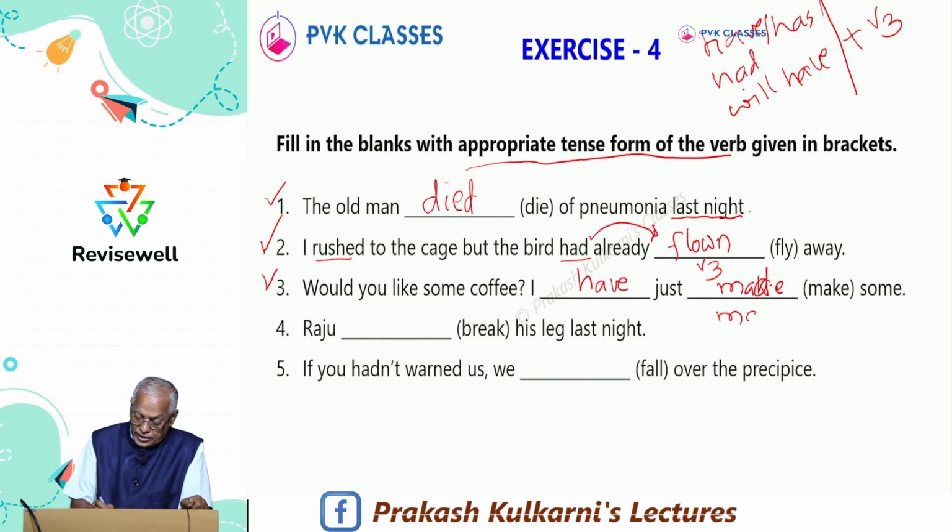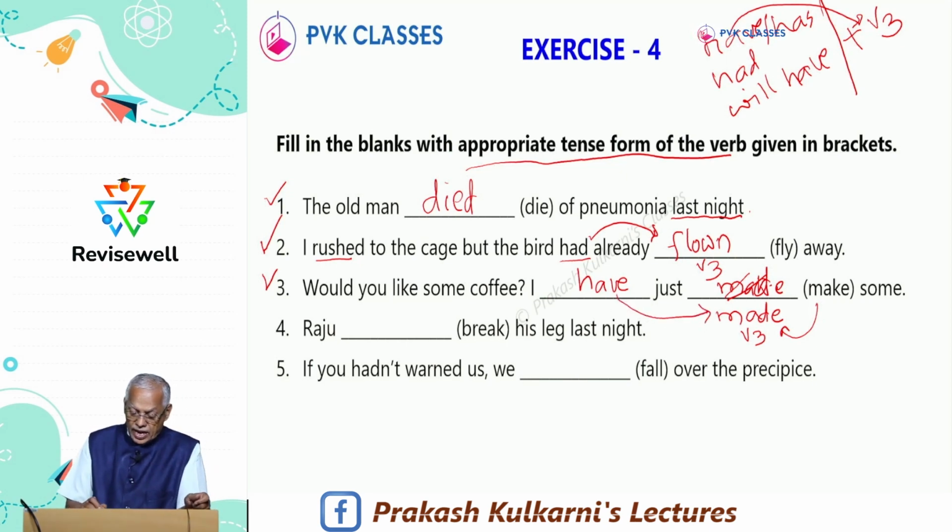Please note it is made. I have just made. Make becomes made. Why did we use the V3 verb here? Look, here have is followed by V3. Since have is there, V3. I have just made some.